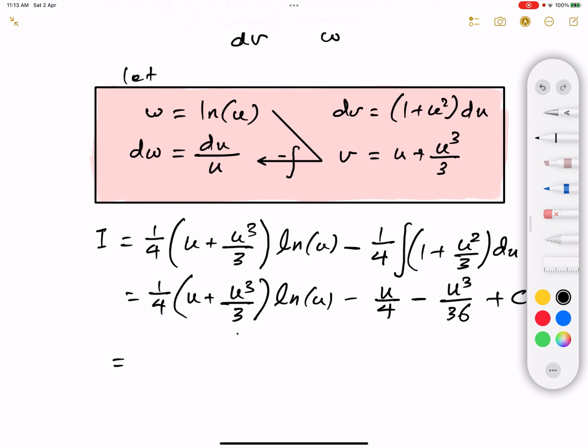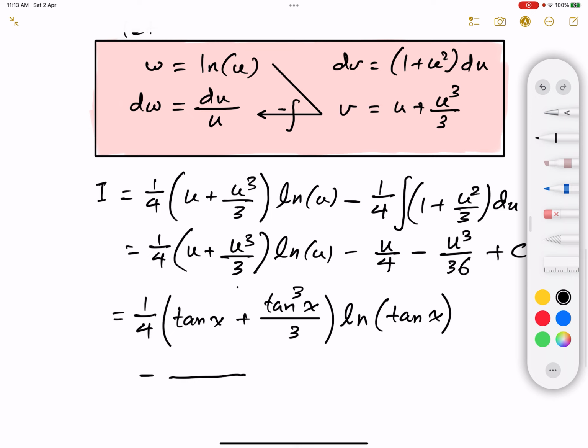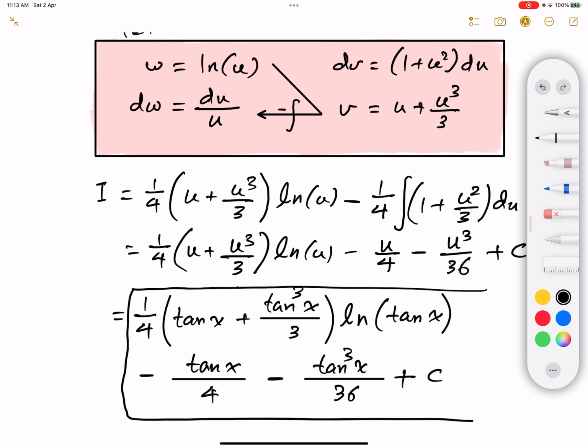So the final answer is going to be what? 1 over 4, the tangent of x, of course, plus tangent cubed of x divided by 3, multiplied by the natural logarithm of tangent of x, minus the tangent of x divided by 4 and minus the tangent cubed of x divided by 36, plus c, and that is basically the final answer to this problem.